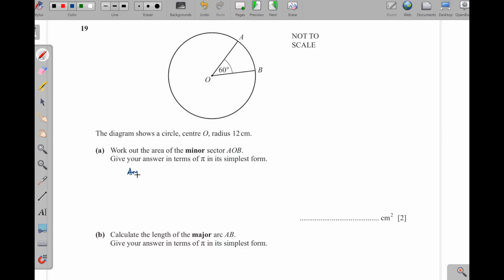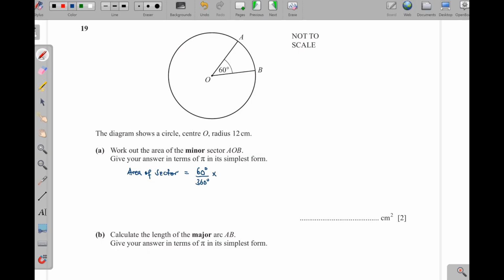So area of a sector is just a portion of a circle. You can see it is just this minor portion. This arc here subtends an angle of 60 degrees. So we get 60 out of the total sum of angles in the circle, which is 360. That is its portion.